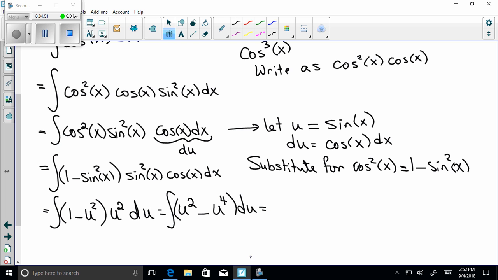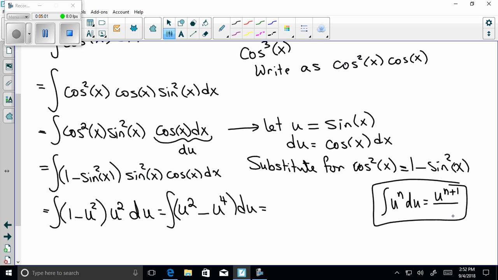So we integrate, and we use the power rule, which says the integral of u to the power n du is u to the n plus 1 divided by n plus 1 plus what? C. So this is going to be u to the power 3 over 3 minus u to the power 5 over 5 plus c. Are we done?